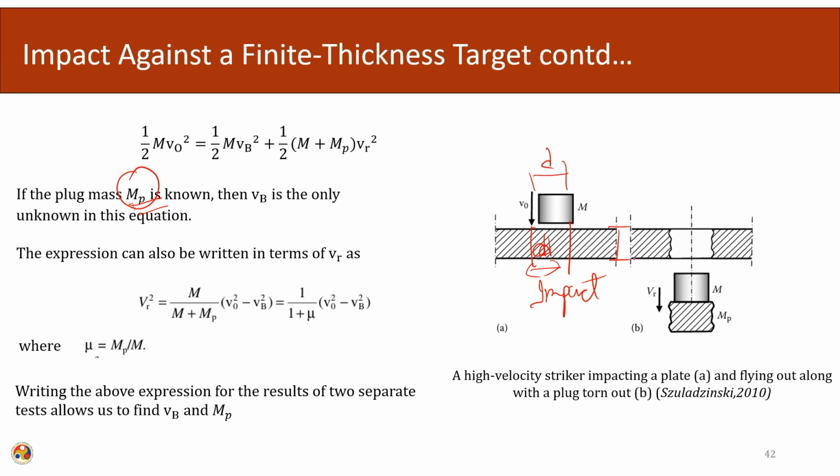The thickness we know, and we can calculate the plug mass. So the total expression we can write in terms of Vr this way. Rearranging the initial term, we can write the exit velocity Vr in terms of the masses and the velocity. In this way we can also find Vb, V and the plug mass.